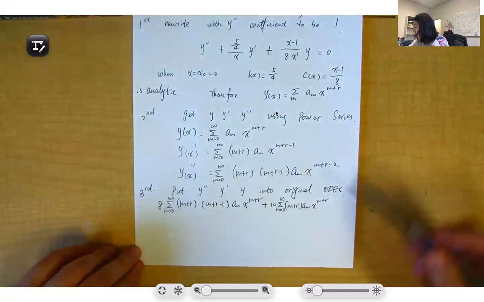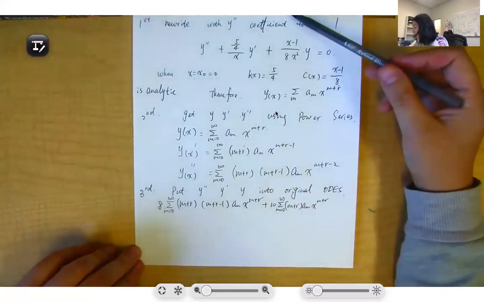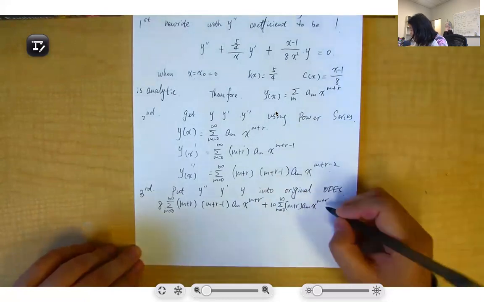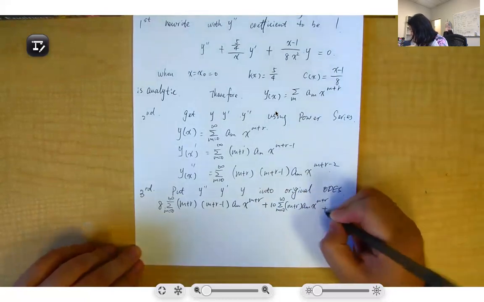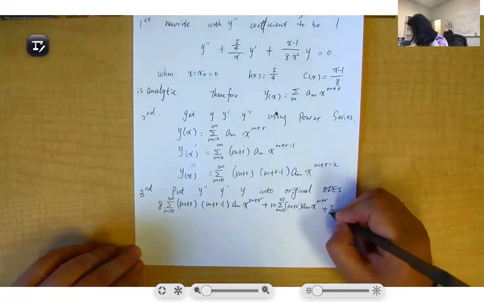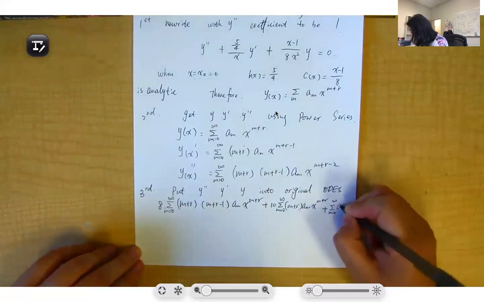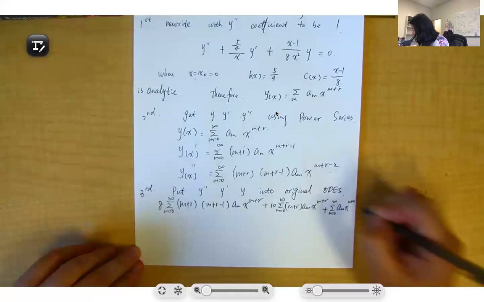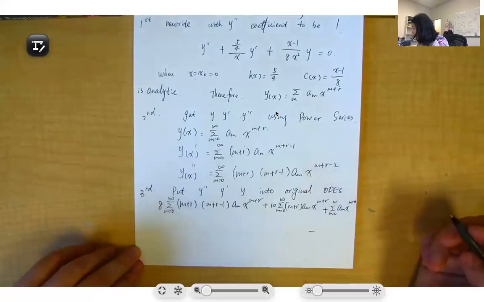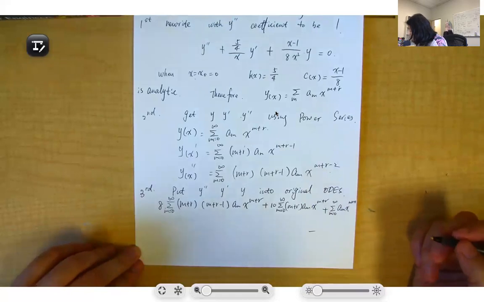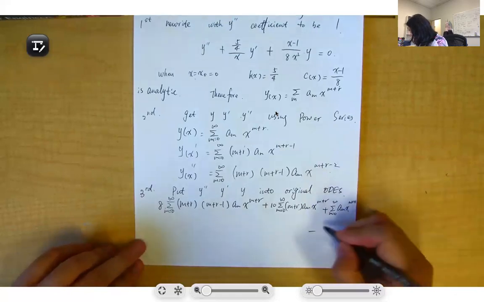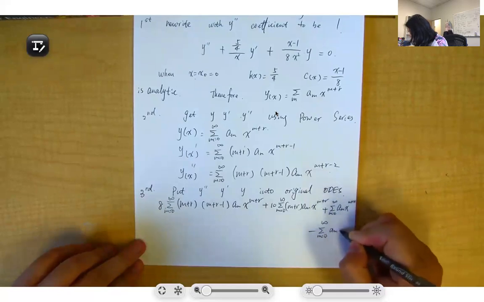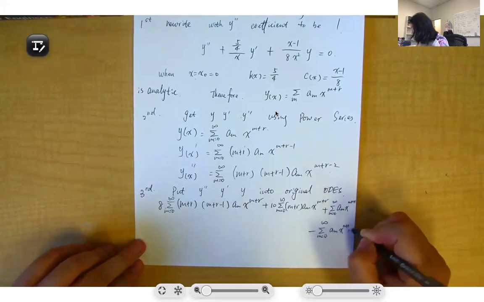Then the final term is (x minus 1) times y. So that will be plus the sum from m equals 0 to infinity of a_m x to the m plus r plus 1, minus the sum from 0 to infinity of a_m x to the m plus r, equals 0.